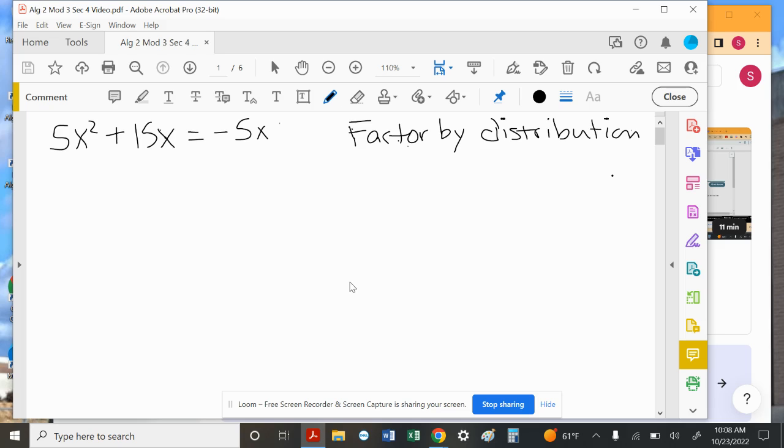So notice in this case, what I'm going to do first is you always have to move everything to one side. And then what's also important, which I didn't mention about the box method when we're going back and factoring, is that the first term needs to be positive. So it's important that we make the x squared, the a, positive.